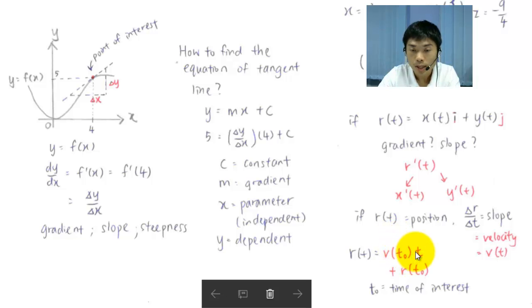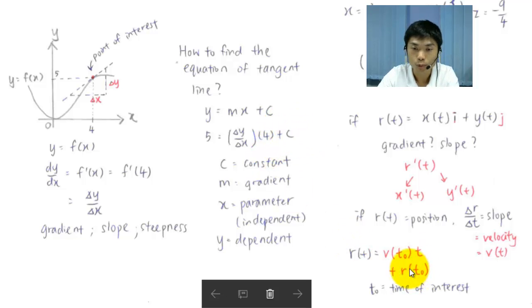Here in the vector curve we have t as the independent parameter, so we write the t here, and we know that the m refers to the slope or the gradient, so we have the v(t0) here corresponding to the slope or the gradient of the vector value functions, and we plus r(t0), which corresponds to the constant here.